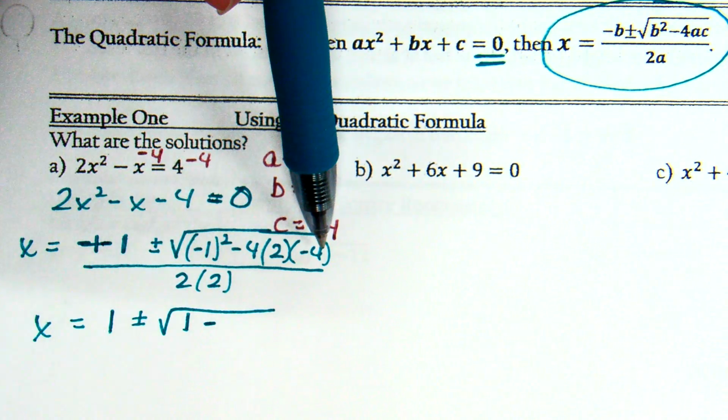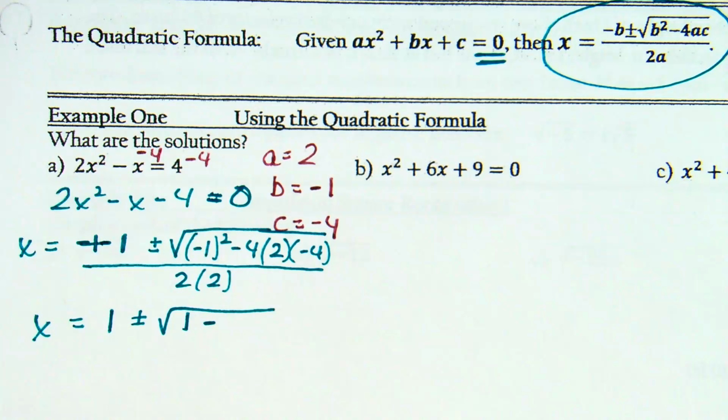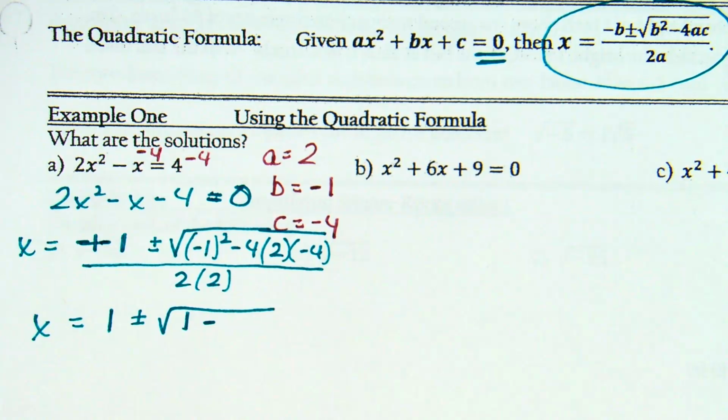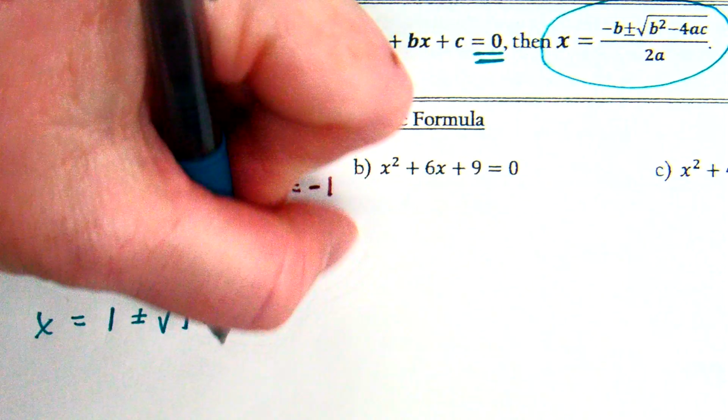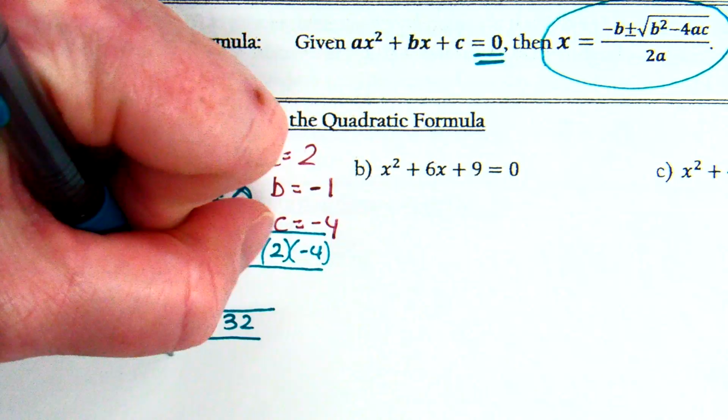Now, if I talk signs, there's a minus here and a minus here. What's a minus times a minus? A plus, right? Anytime you have an even number of negatives, it becomes a plus. So this becomes 1 plus 32, all over 2 times 2, which is 4.